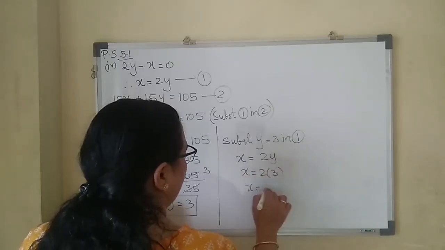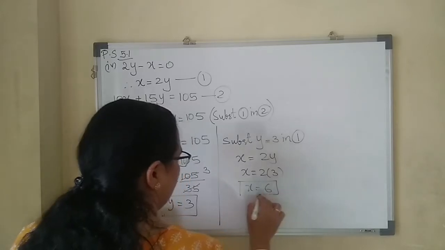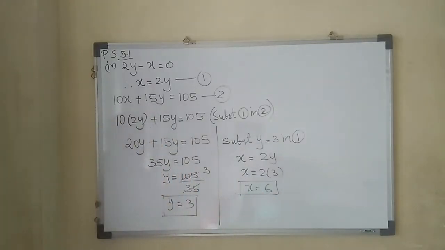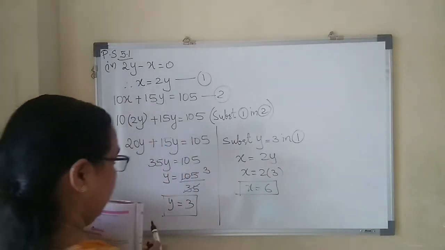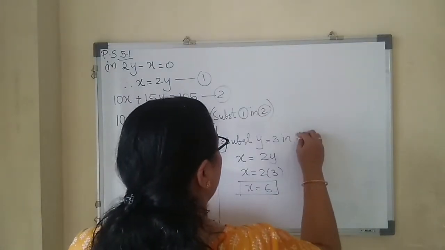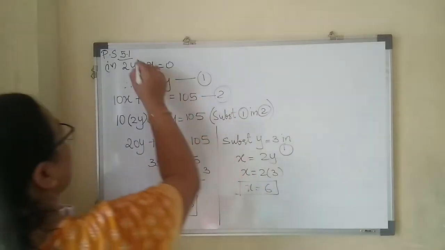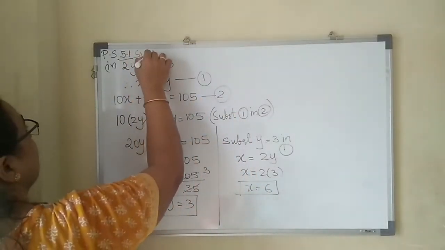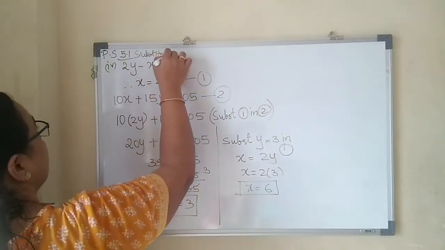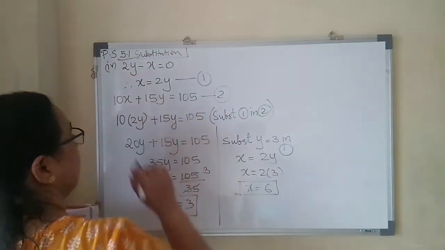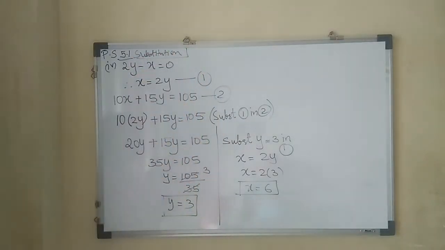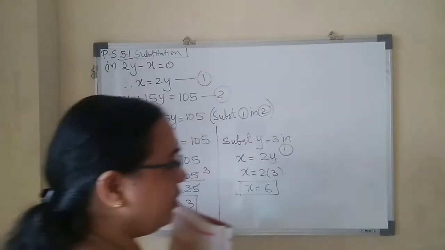So x equals 6. This is very clear. Now, we have done it in the substitution method. Is that very clear? The same sum we will do in the other method.